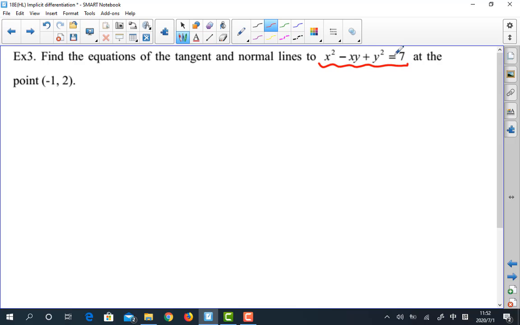We need to apply implicit differentiation. So it will be 2x minus, product rule for the middle term, y plus x times dy over dx, plus 2y times dy over dx equals 0.